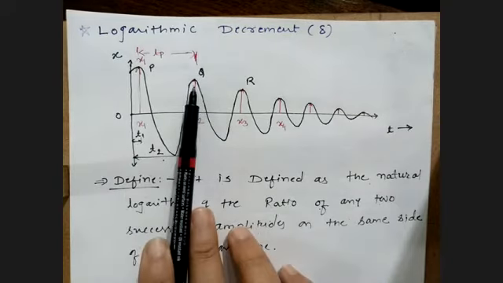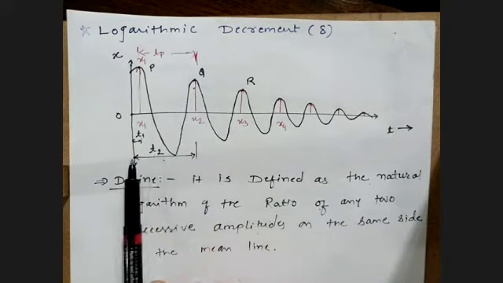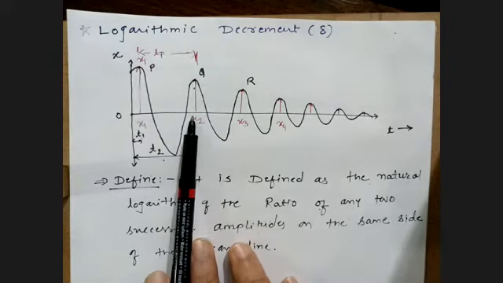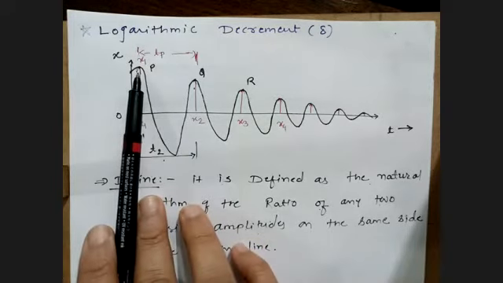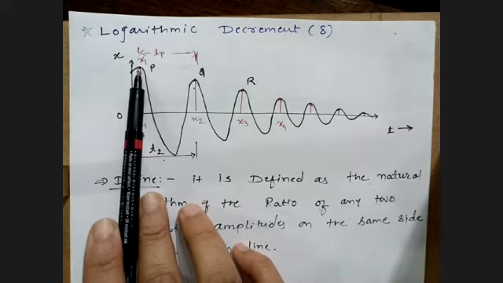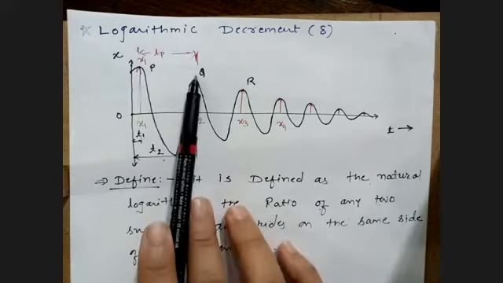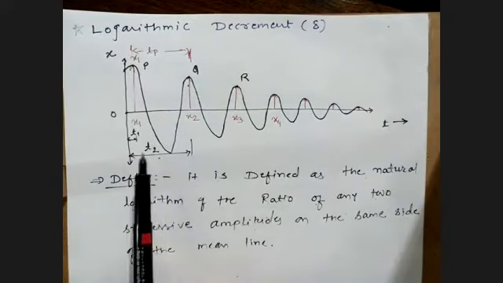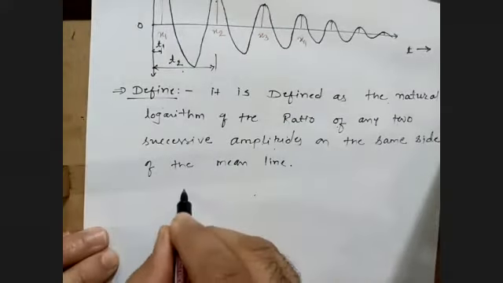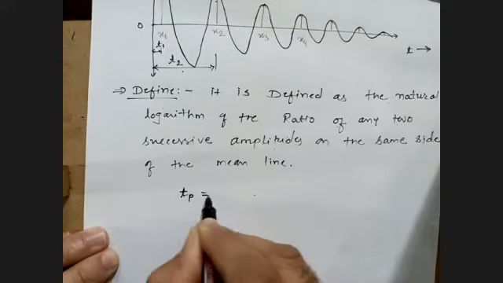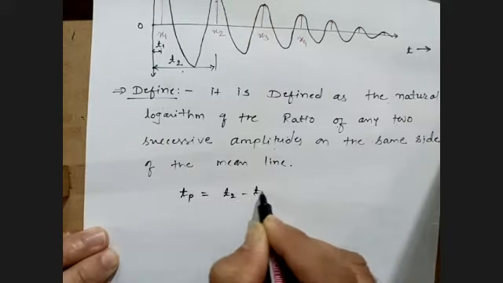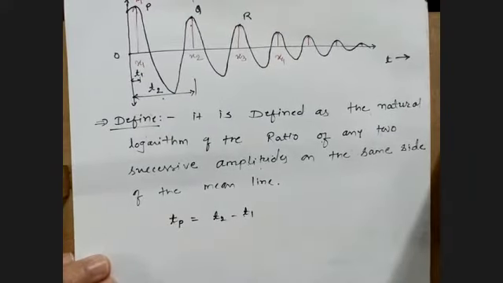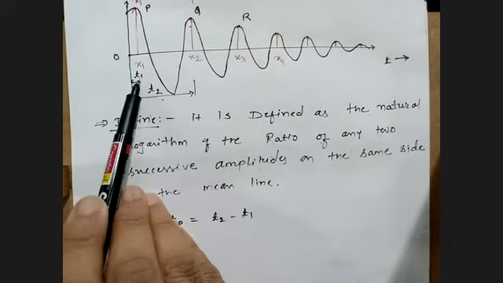Similarly, at point Q, the time is t2, and the amplitude reached at Q is x2, right? The time period is the time required to complete one cycle from here to here. Geometrically, the time period is the difference of these two, so the time period Tp is equal to T2 minus T1, because from here to here is T1, and from here to here is T2.